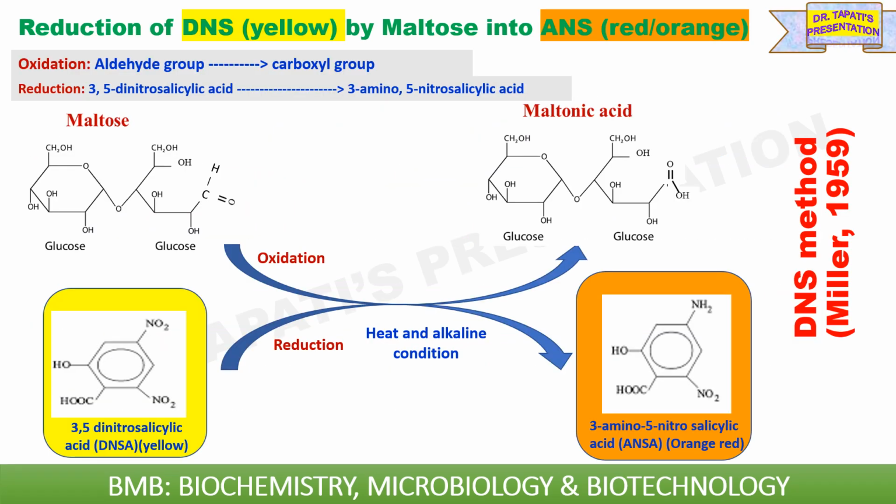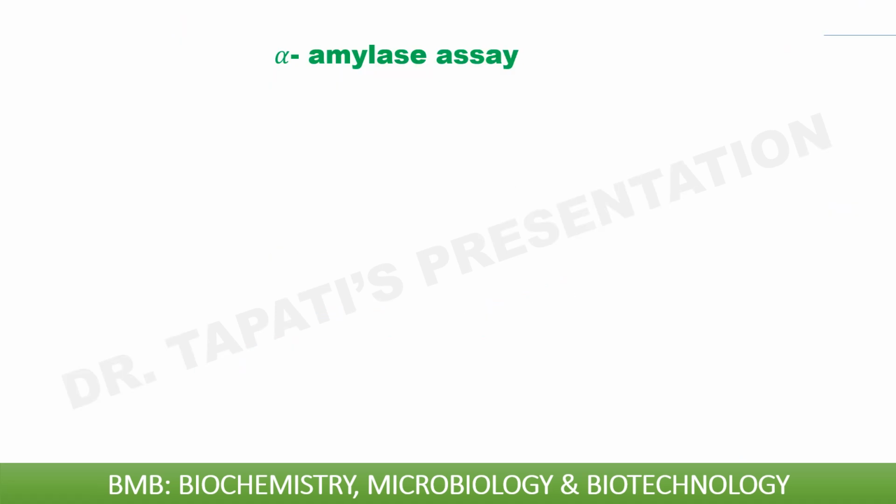In units 19 and 20, I have already discussed the DNS method or Miller method in order to make the standard curve of maltose. Links are provided in the description box. You can check that. In this experiment, you will get the maximum absorbance value in the test sample, where we are taking enzyme and substrate mixture, and after the incubation, product formation will be there.